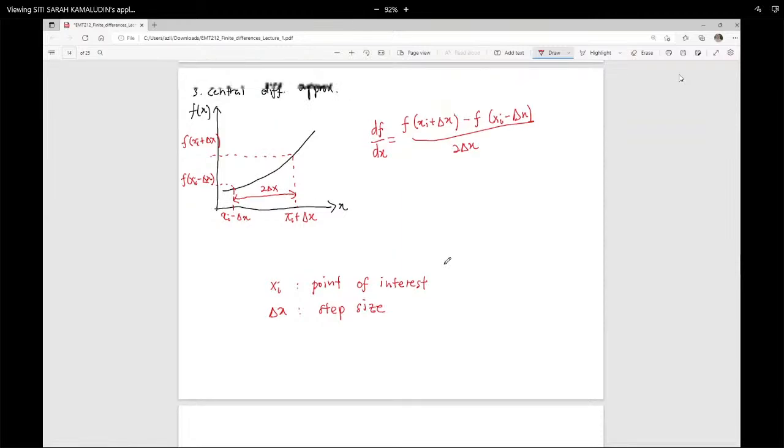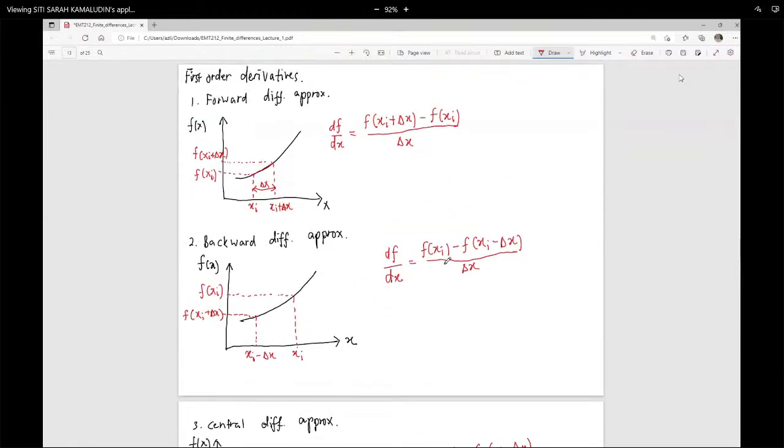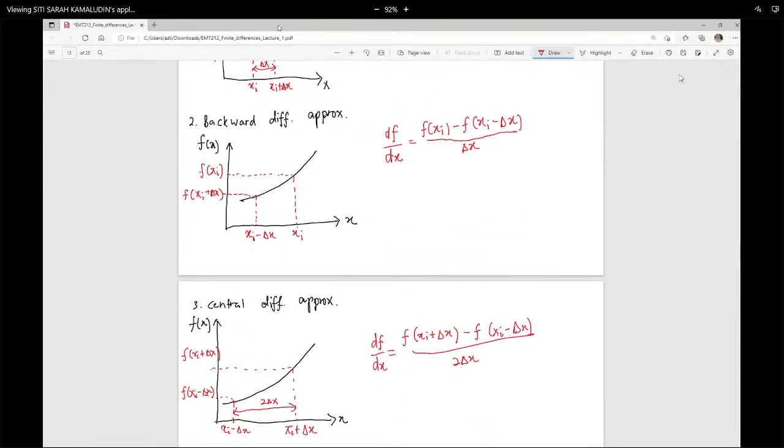Okay, now let's go back to our forward difference. So you see in forward difference, we calculate our point of interest based on its current value, right? But for backward difference approximations, the point of interest is calculated based on its previous state, right?